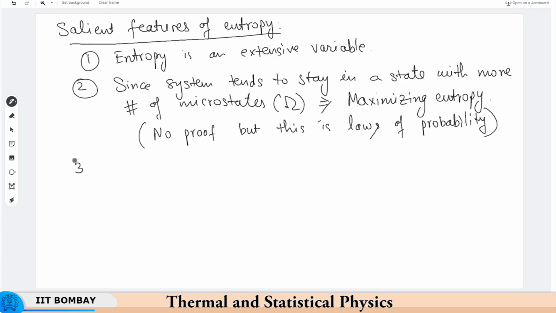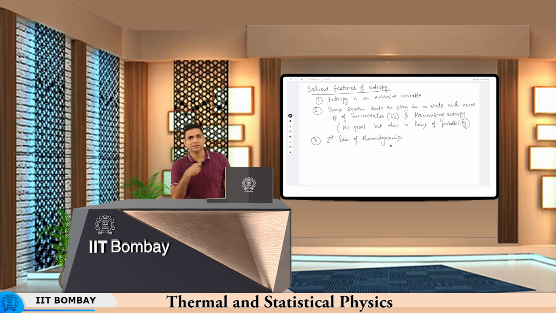And on similar lines, we can also say that the second law of thermodynamics, which told us that processes evolve only in the direction of increasing entropy, is not really a fundamental law.